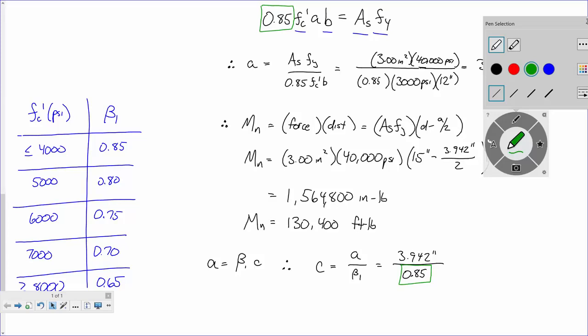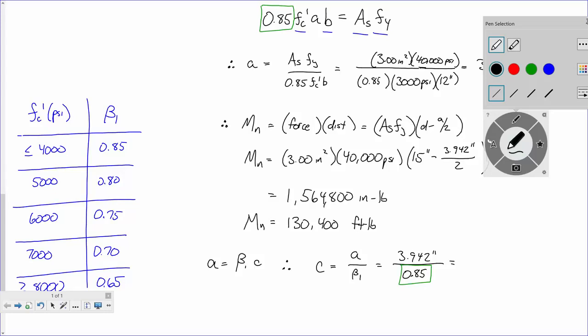Pure coincidence. They are independent numbers. The 0.85 fc prime way up top and the beta 1 down below just happened to come out equal for this problem. They are independent numbers.